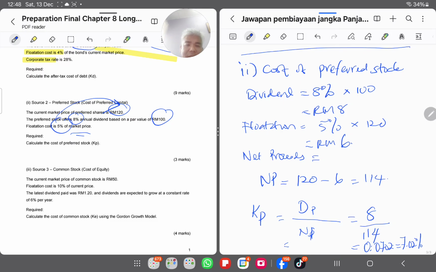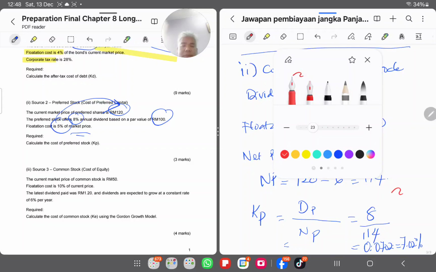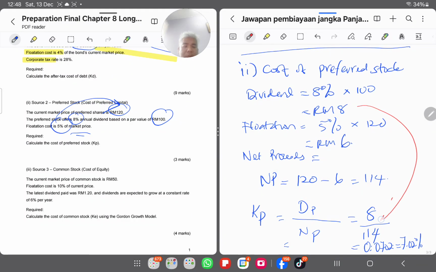Okay, this is much easier than cost of debt. So I repeat, the cost of preferred stock is DP divided by NP. DP is 8 ringgit, and NP, net price, is 114 ringgit.